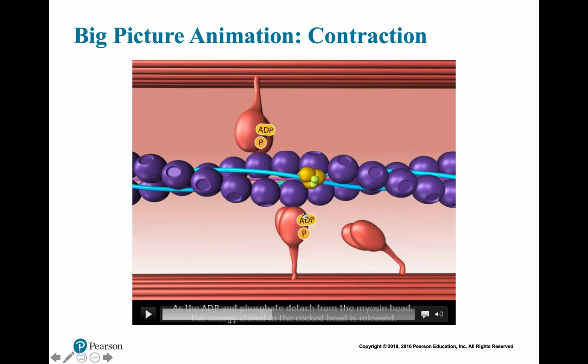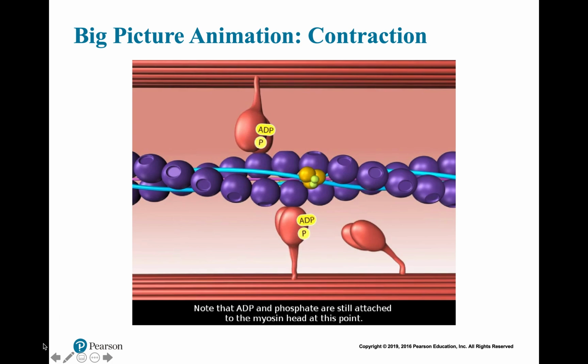So they have already hydrolyzed ATP into ADP and phosphate. They're in the cocked position, and then as soon as these actin active sites are exposed, because calcium binds to troponin, then myosin will bind to actin.